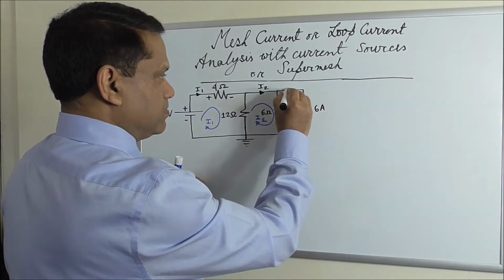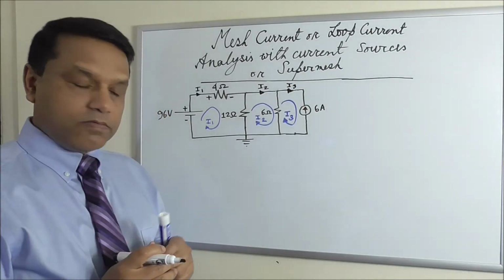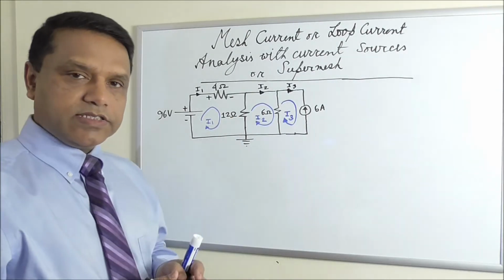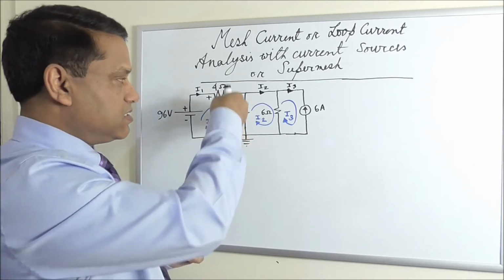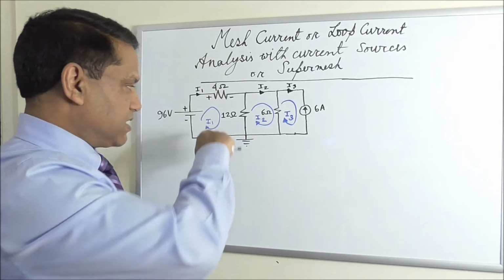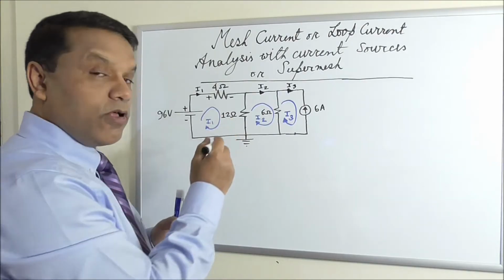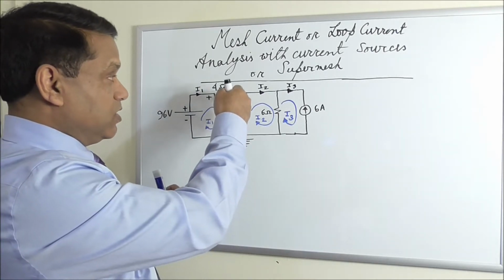Current in this branch is I3. Now the currents in the shared branches are found by combining the currents in the adjacent loops. For example, in this branch, if we assume it's downward, the current is I1 minus I2 because I1 is flowing downward and I2 is flowing upward. Also, you can find the same value if you apply KCL at this node.